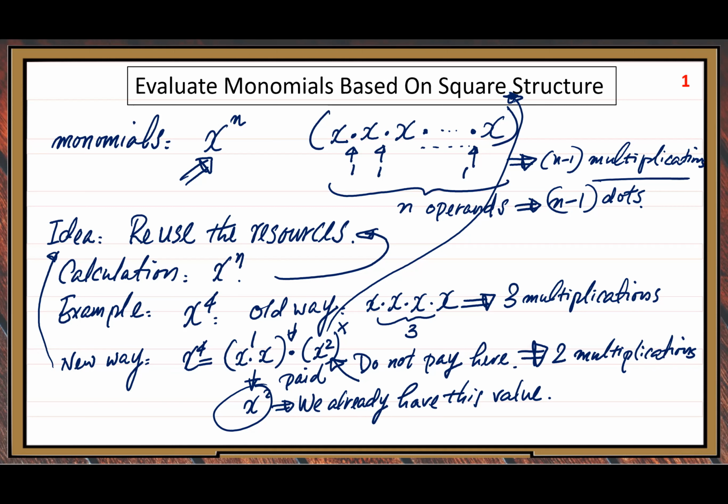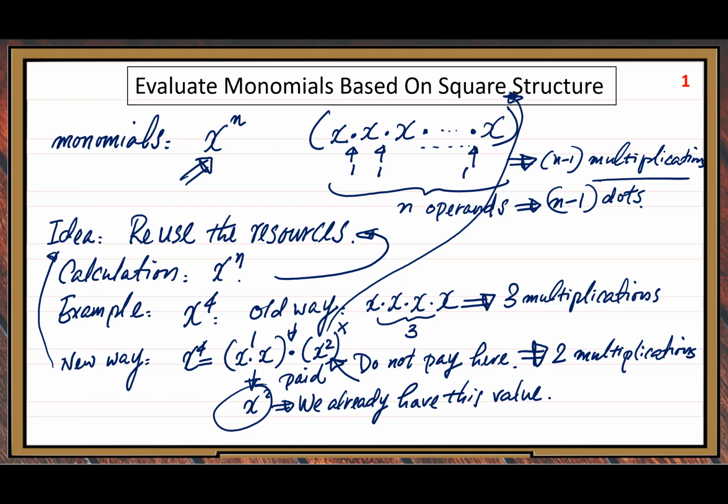So here, let's talk about one multiplication. It corresponds to the basic cost we need to pay. Pay for what? Let's say this way, each multiplication is not free.